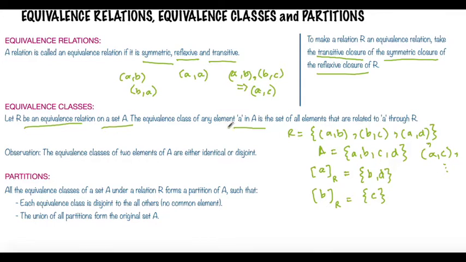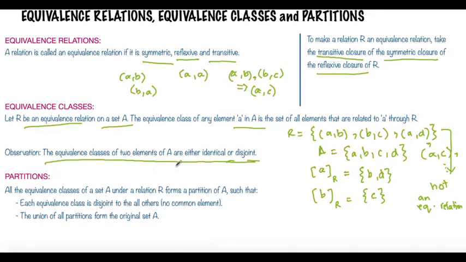So this is not an equivalence relation, but the idea is that we can find the equivalence class of each element using this if it was an equivalence relation. I'm just giving you an illustration of how to find it. The observation is that equivalence classes of two elements of A are either identical or disjoint.